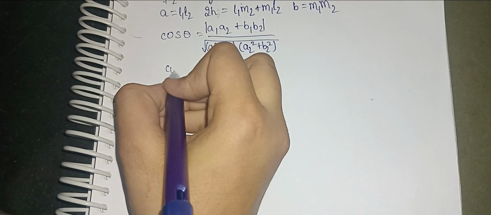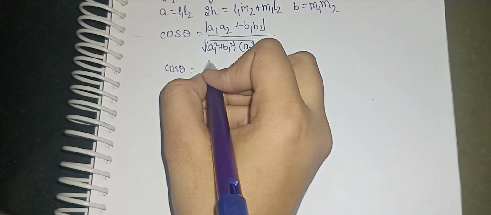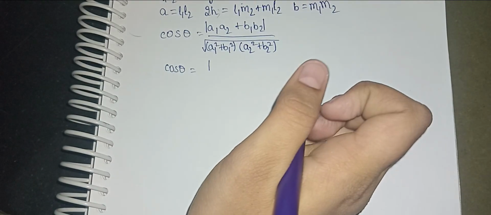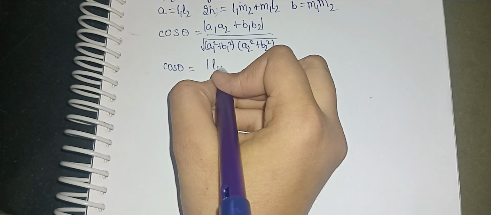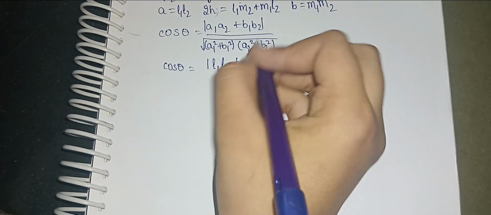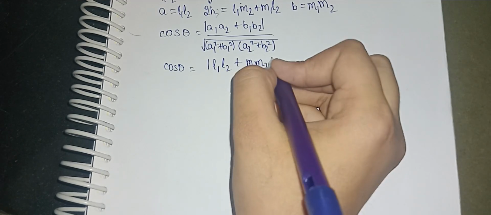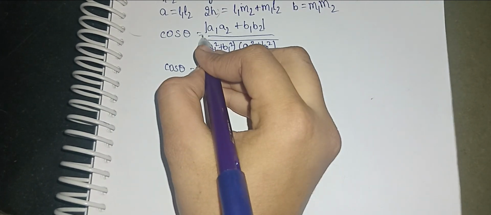What is A1? L1 is A1, A2 is L2, B1 is M1, B2 is M2. You have to write mod, it is compulsory to write mod.